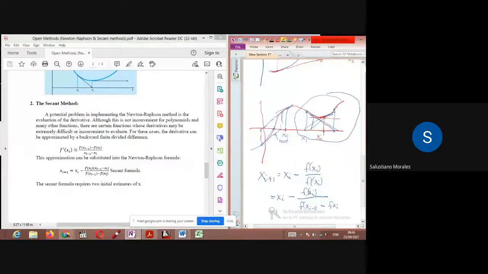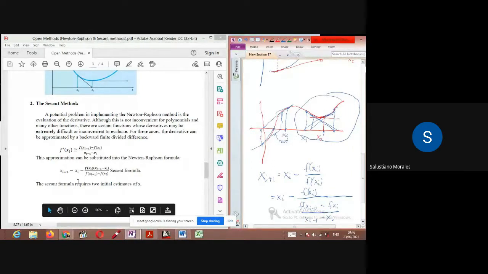It is now equal to f(x_{i-1}) minus f(x_i) all over x_{i-1} minus x_i. So it simplifies that yung x_{i-1} minus x_i will go to the numerator to be multiplied now to f(x_i). So yun ang ginawa dito.